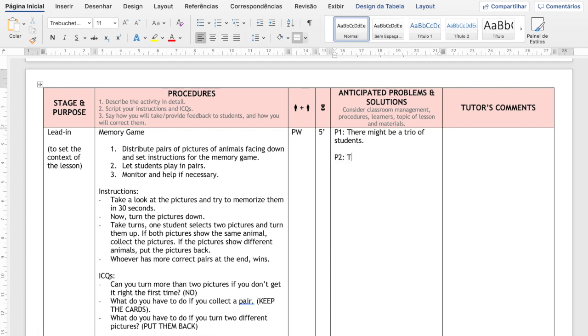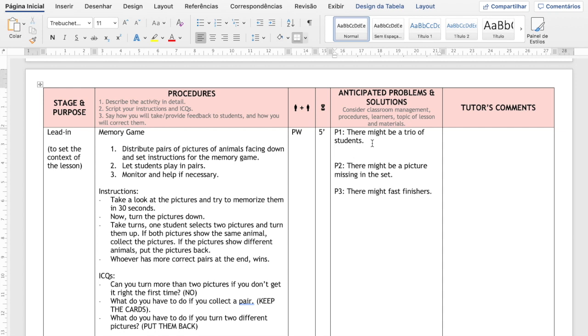Problem 2. There might be a picture missing in the set. Problem 3. There might be fast finishers. And then you have to think of the solutions.